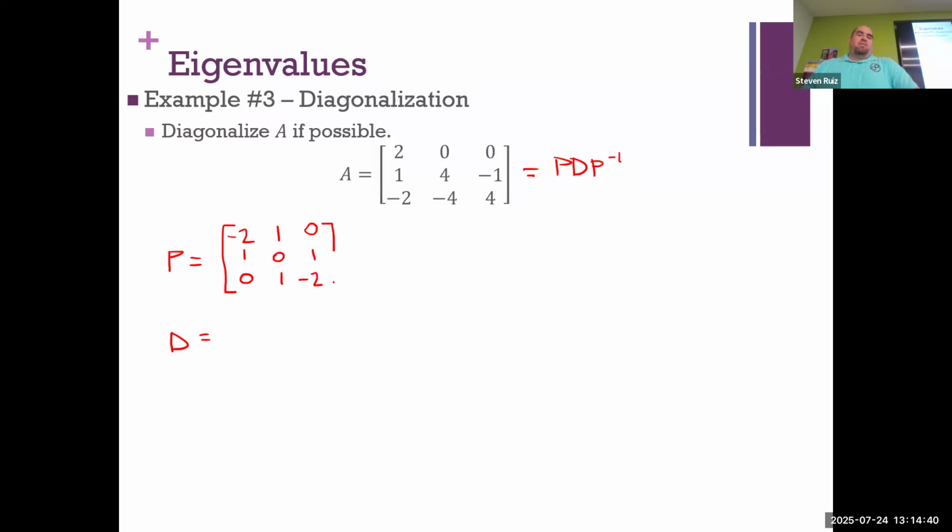So there is no specific order in which you have to build P or D, but now that you have constructed P, D has to follow suit. So these three column vectors you gave me, what eigenvalues do they go with? 2, 2, 6. Okay. So then this diagonal matrix needs to be consistent with that ordering. So what does this matrix need to look like then?